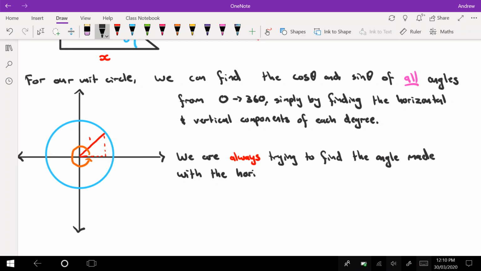Our reference points are really important when we're talking about angles and our sine of thetas, our cosine of thetas, because depending on your reference point, the angle could be different.